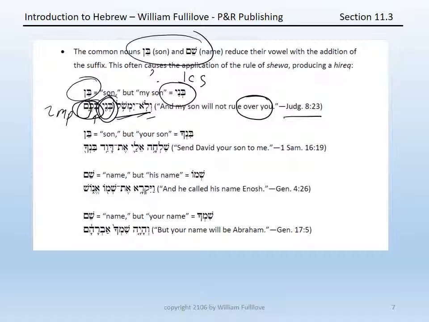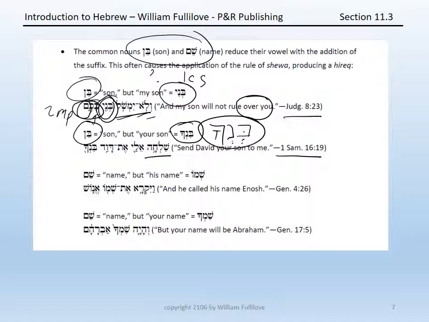On the other hand, with an example of the rule of schwa, you have ben, son, but with "your son," it's not b'nka. Even though the vowel reduces, this is a form that cannot last because of the rule of schwa. So instead of b'nka, you get binka. 1 Samuel 16:19, Shilchah eli et David binka.